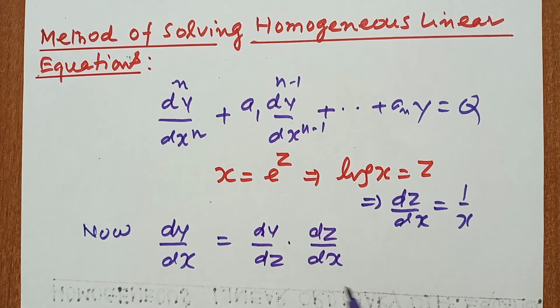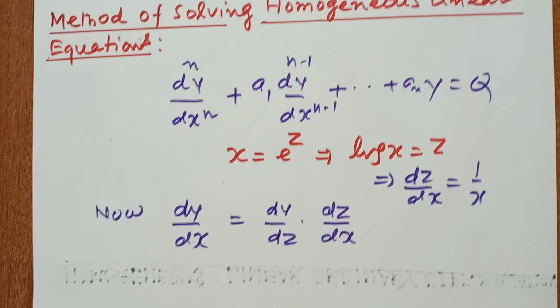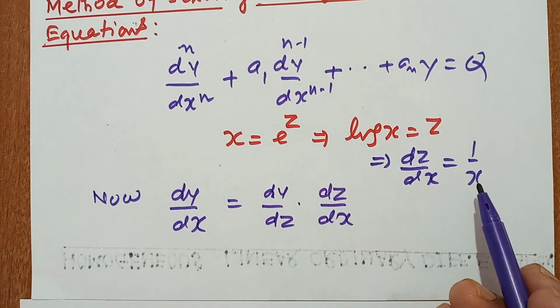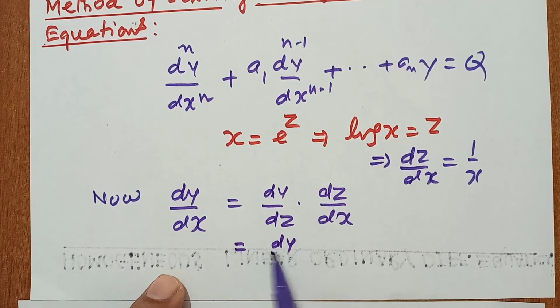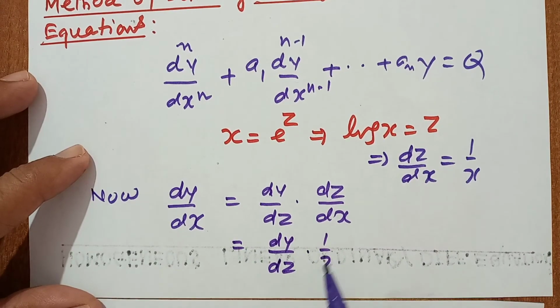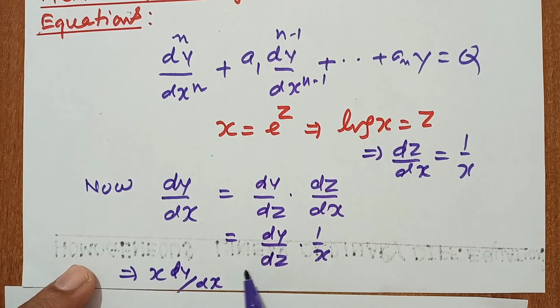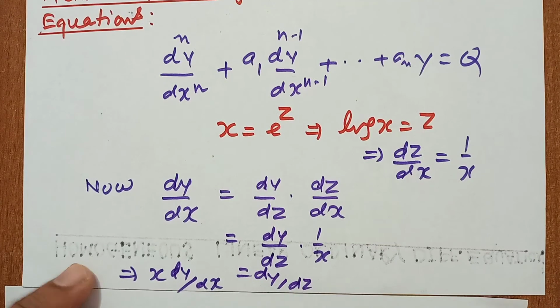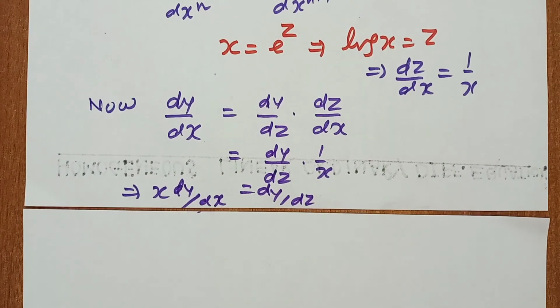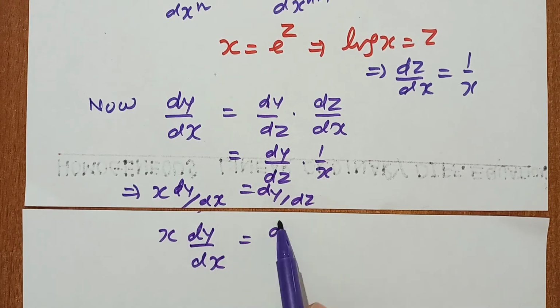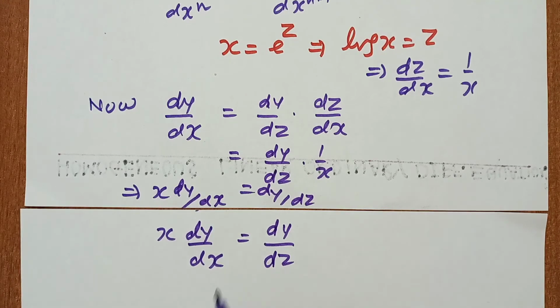Now putting the value of dz/dx, which is 1/x, this is equal to dy/dz into 1/x. Now multiplying by x, x dy/dx is equal to dy/dz. It means the coefficient of dy/dz is 1, which means this is converted into constant coefficients.